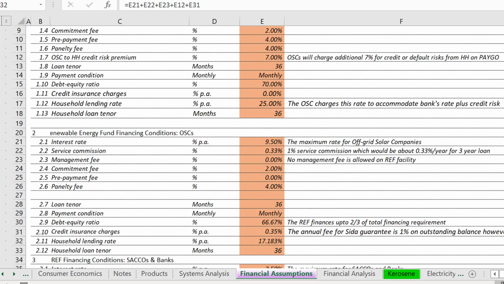I've got to stop for a minute. I was wrong. There's still we still add the 7% credit spread here, so we still get a higher interest rate.